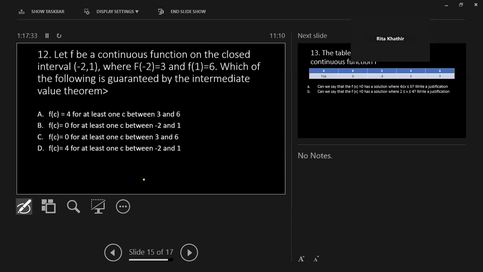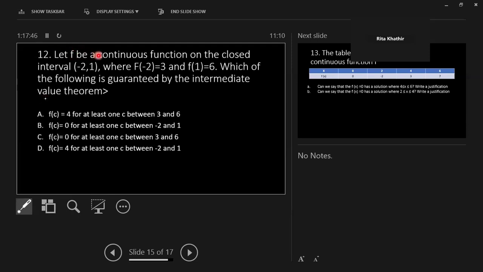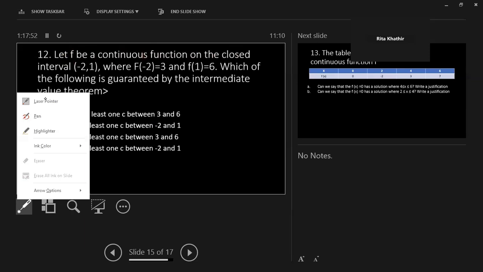Okay, now look at this. Let f be a continuous function on the closed interval. Actually, I changed this already.